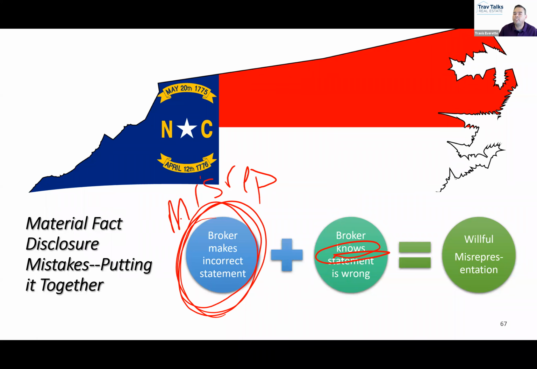If you say to a child, you knew better than to do that, is the child negligent or are they willful? Willful. So we said something wrong, misrepresentation. We knew that it was wrong, willful. That is a willful misrepresentation.